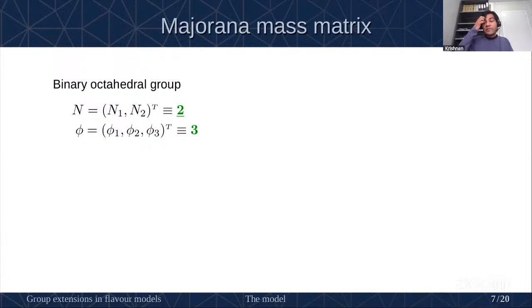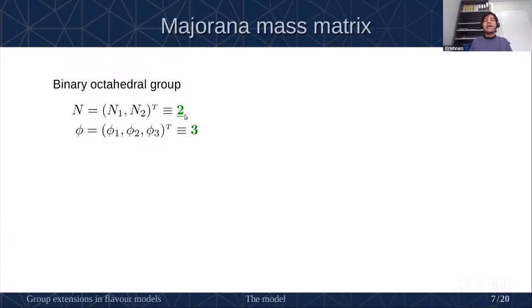In this particular model, I'm assuming that a pair of right-handed neutrinos exist, and I'm calling them N1 and N2. The pair is N, which is again assumed to transform as a doublet of the binary octahedral group, which we introduced earlier. So you have a doublet of right-handed neutrinos which transform under the discrete binary octahedral group.